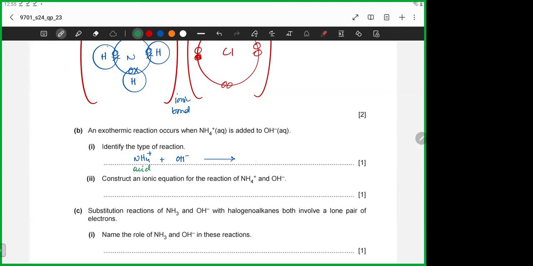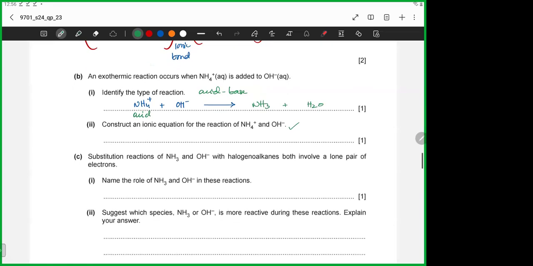Because it loses an H, and it ends up forming NH3, and the other one forms. So it's an acid-base or neutralization reaction, right? The NH3 and OH. That's nucleophilic. Okay, so we've constructed the ionic equation for the reaction as well. Always remember ammonium ions are acidic.